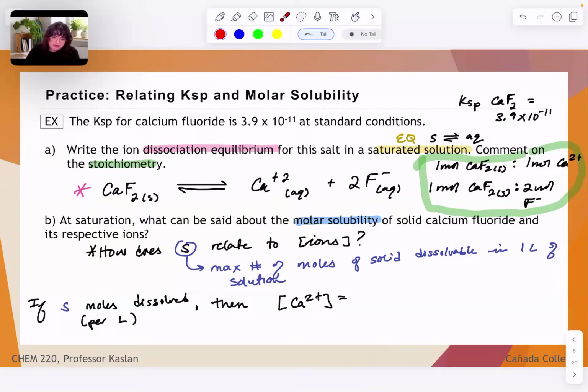So if S moles of solid are dissolved per liter, then the concentration of calcium ions that we see has to be equal to that same number of moles.